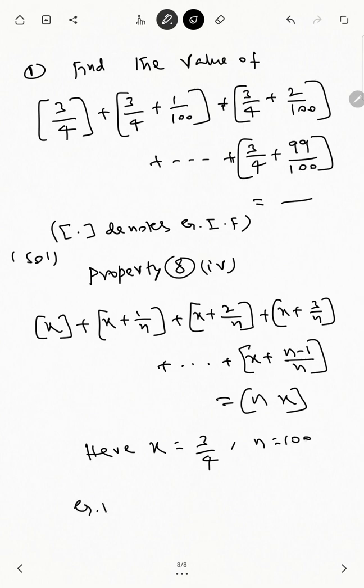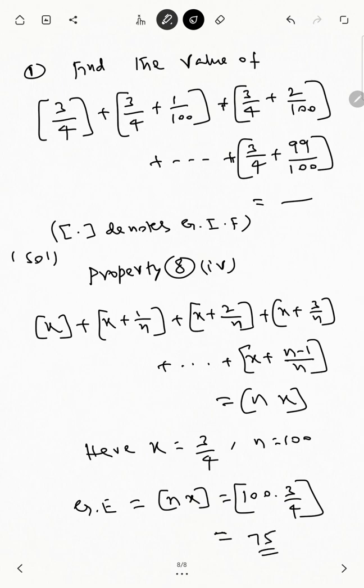Therefore the given expression is equal to integer part of nx. So 100 into 3 by 4, integer part is equal to 75. Integer part of 75 is again 75 only. So the value of the given expression is 75.